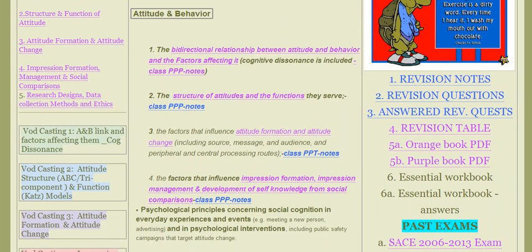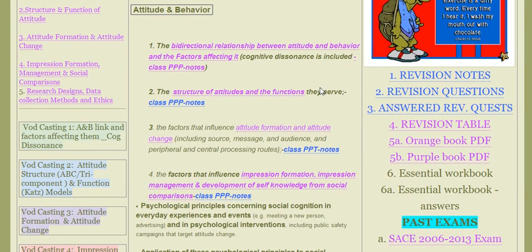The second thing you're going to learn in this topic is how attitudes are structured and the theories on this structure. We're going to discuss the ABC model and Katz's theory on the structure of attitudes, and also the functions these attitudes serve.